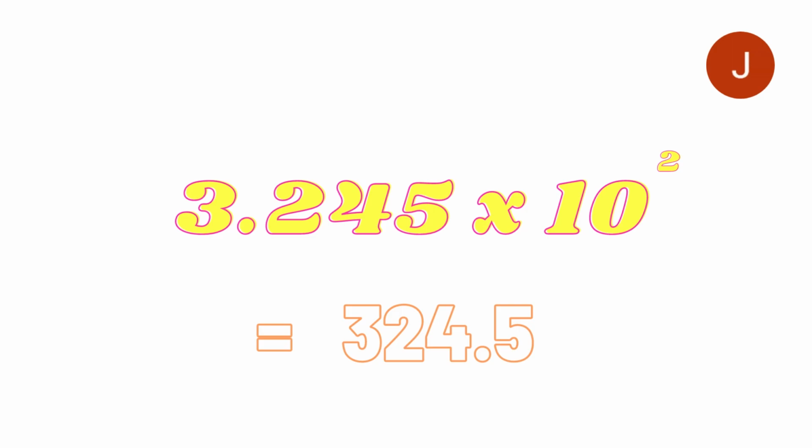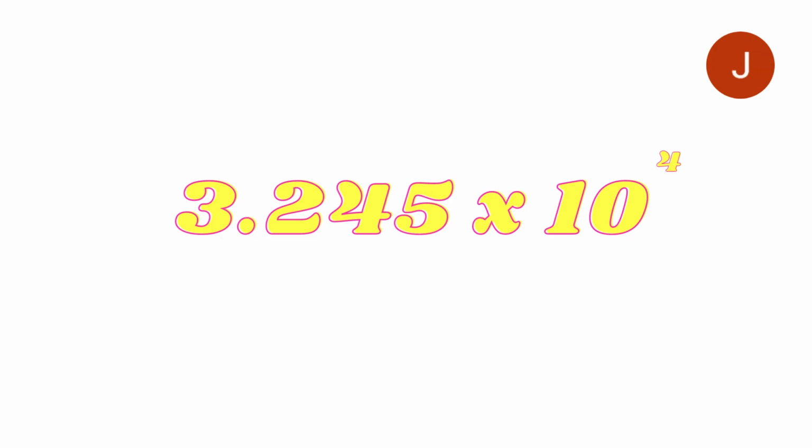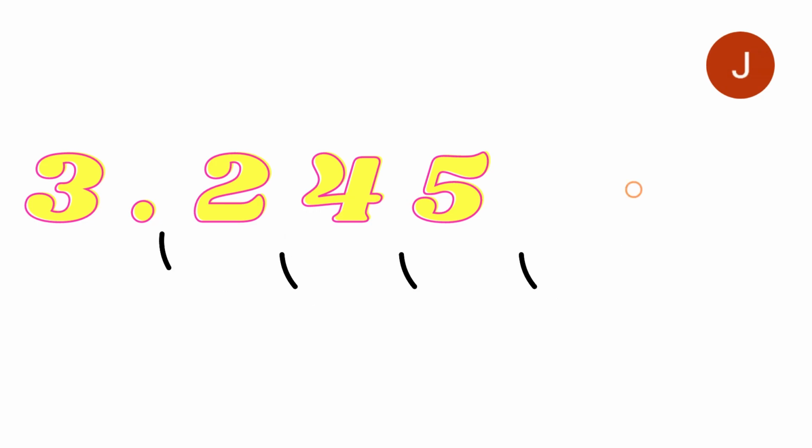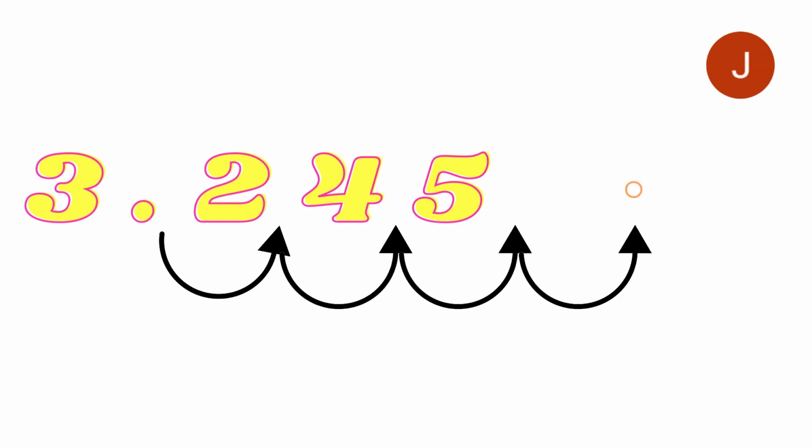Let's try another example. This time, instead of 2, we have to the power of 4. Let's start by moving the decimal point 4 places to the right. 1, 2, 3, and 4. So my decimal point goes here. But what do I do with this empty space? Yes, I add a 0. Now I have this. But I can't just place the decimal point like this alone.